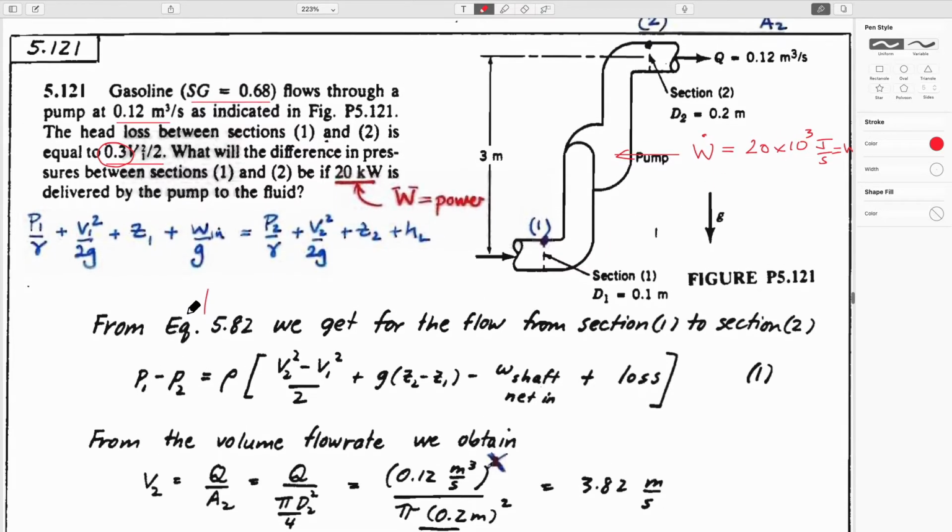So again, now we can't get rid of the pressures because it's asking what's the pressure difference between upstream and downstream. So that is really saying what's the difference P1 minus P2 or P2 minus P1.